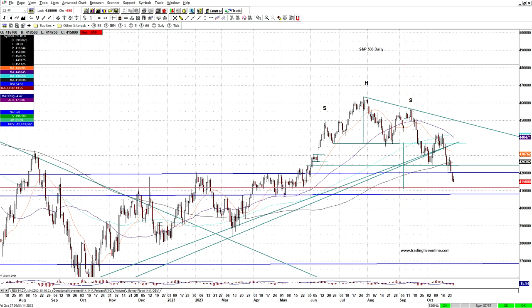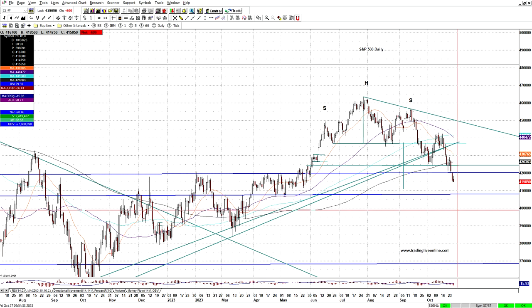If we look where that's coming in, we can see that there was a lot of consolidation around that level. So I think that it's likely that the price can get down to just above 4100 and test that level. This next line just below it is right around that 4100 level. So just another few points below where the head and shoulder is.